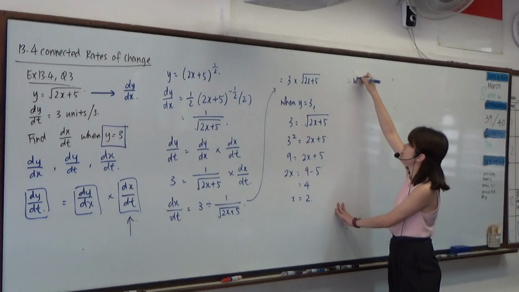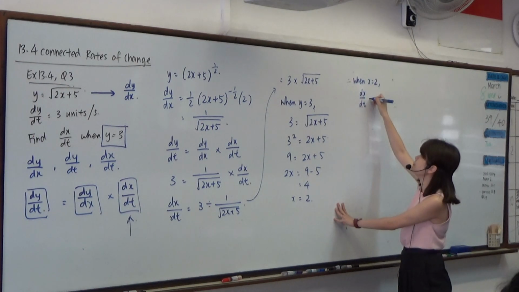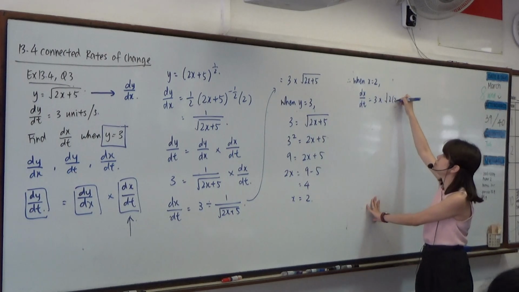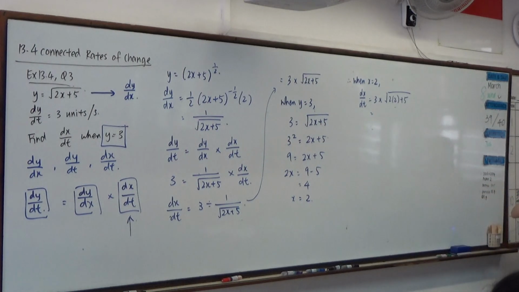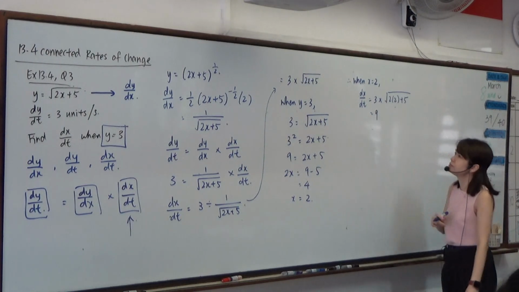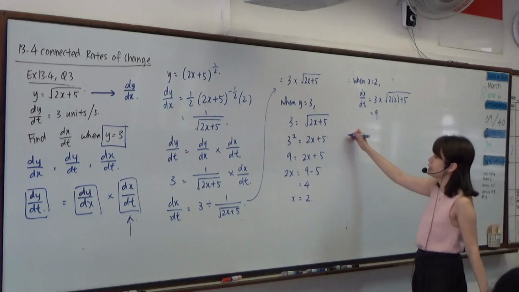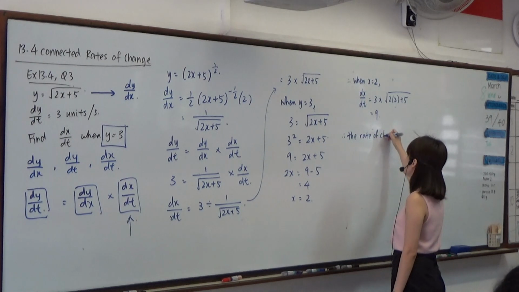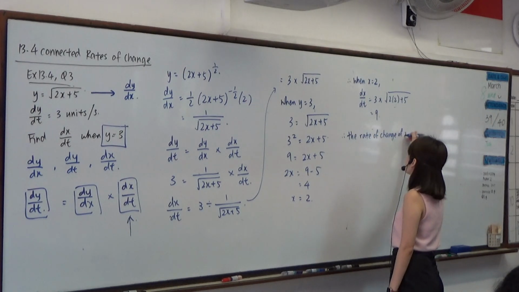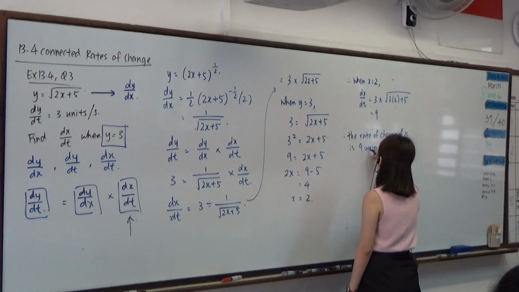So therefore, when x equals 2, your dx over dt will be 3 times square root of 9, and that will be 9. So we can then conclude the rate of change of x is 9 units per second.